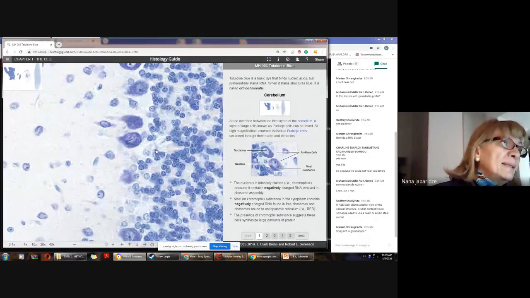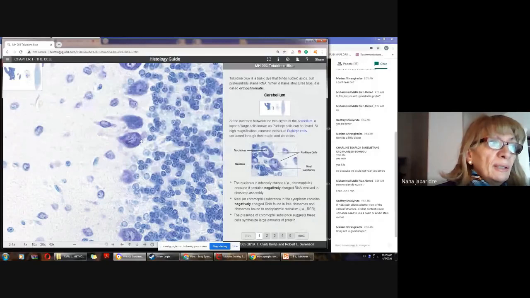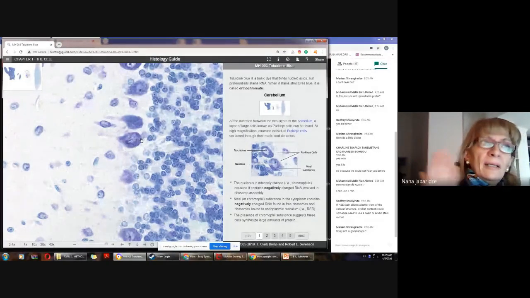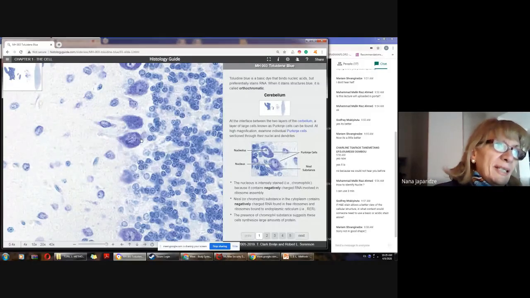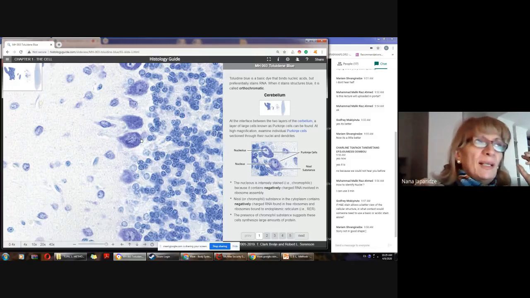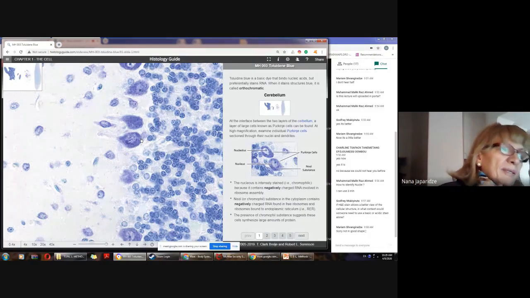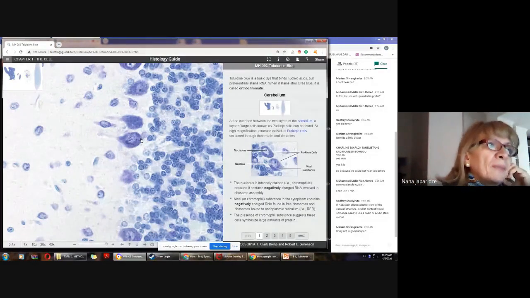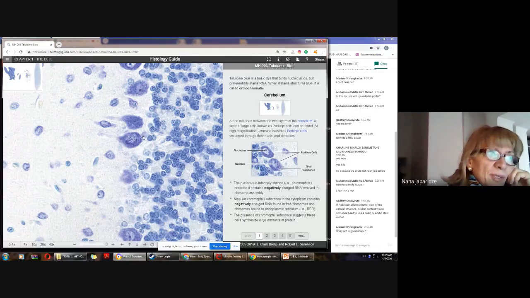And via this scale bar, we are able to measure the cells. So mostly this different type of stainings, and especially this basophilic staining, is used to identify subtypes of cells, their shapes, their morphology.